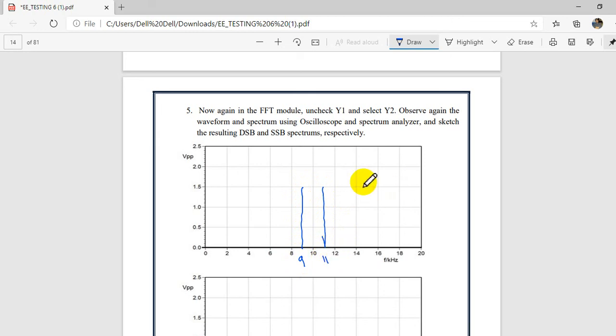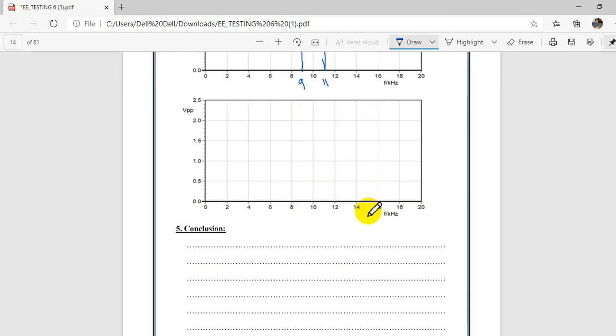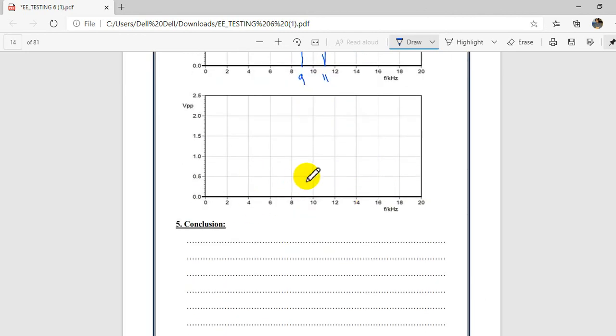This is double sideband. Single sideband will have a small component at 9, and at 11 you will get a higher component. This is single sideband. You can draw this and write the conclusion here.